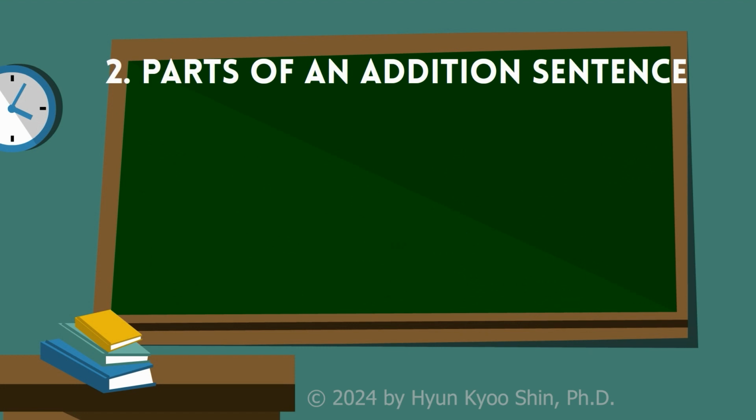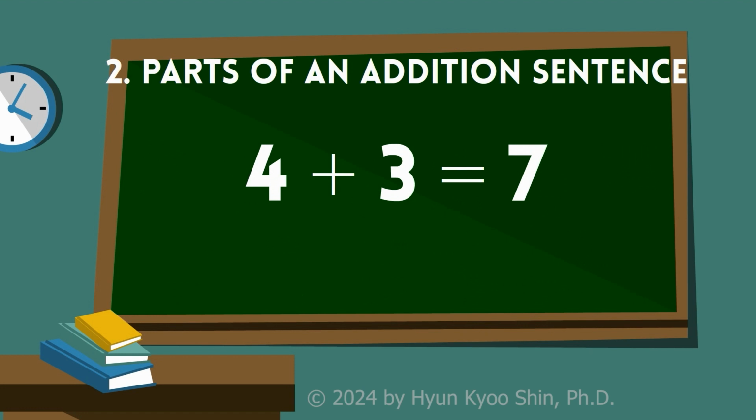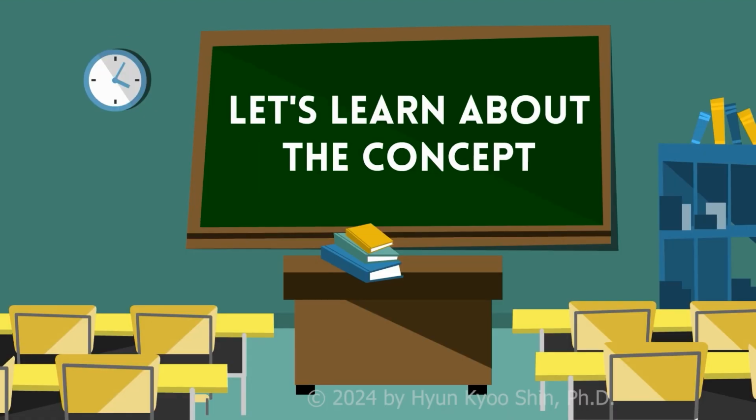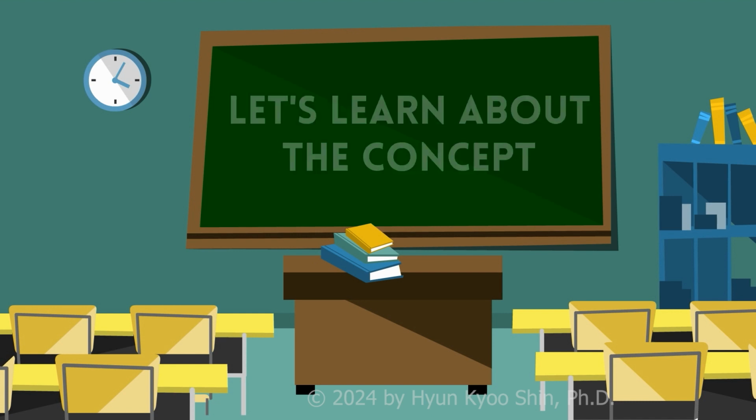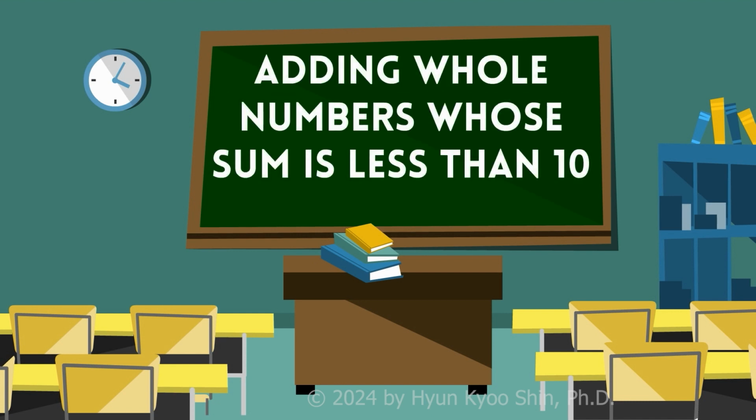The parts of an addition sentence. For example, 4 plus 3 is equal to 7. 4 plus 3 are the addends, while 7 is the sum. Let's learn about the concept: adding whole numbers whose sum is less than 10.